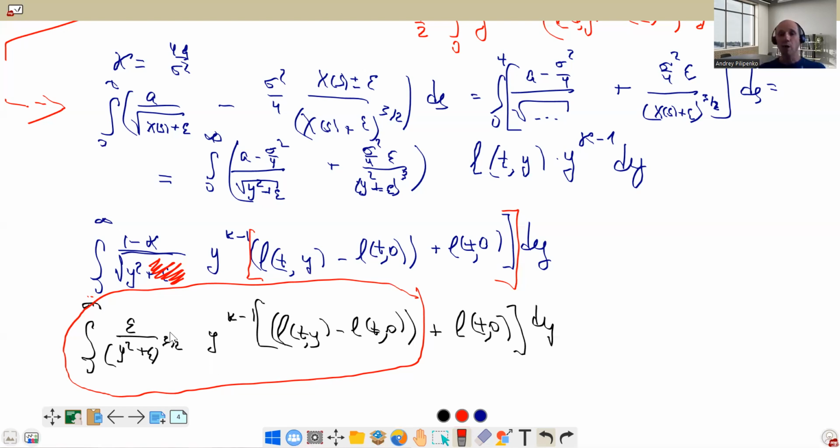Well, you have a problem at 0. This function, y to the power kappa minus 2 times (y squared plus epsilon) to the power minus 3/2, is not integrable. But if you recall the asymptotics of L at 0, then you will see that the function y to the power kappa minus 4 times (L_t(y) minus L_t(0)) is integrable. So the limit of this integral is 0. So there is no this term in the limit.